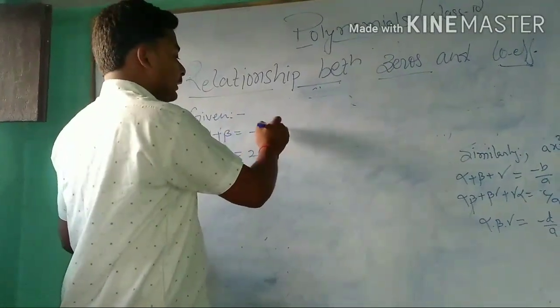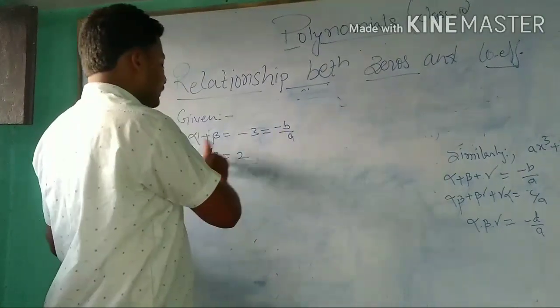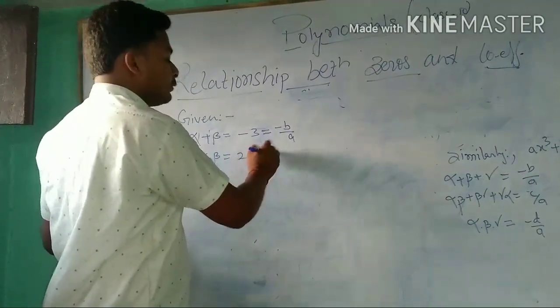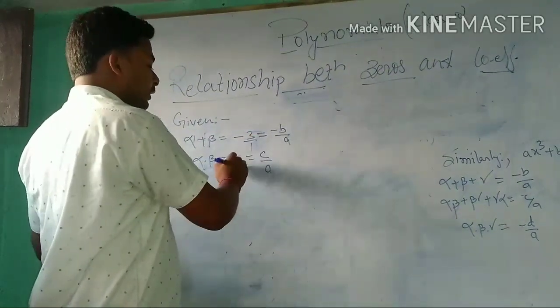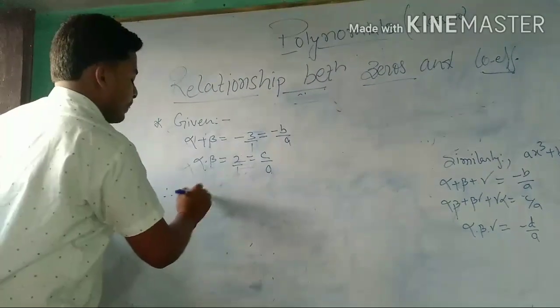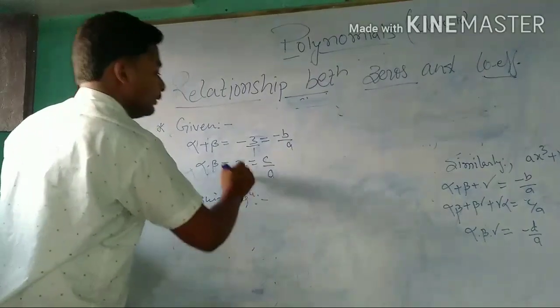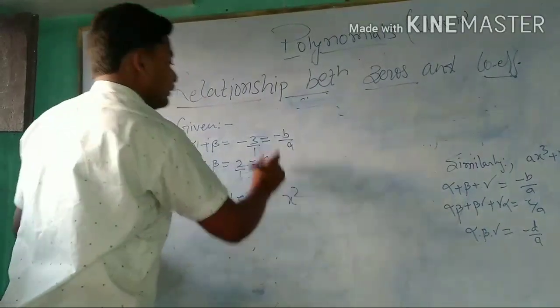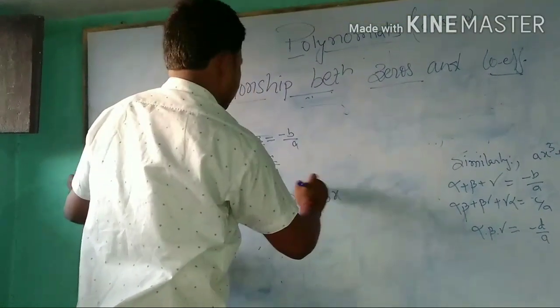Alpha plus beta is equal to minus b upon a, whereas alpha into beta is equal to c upon a. It means in both the cases a is not available, it means a is 1. So our required equation will be equal to x square plus 3x plus 2.